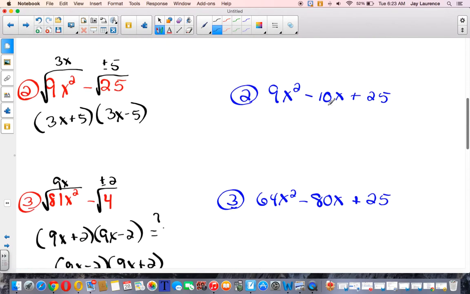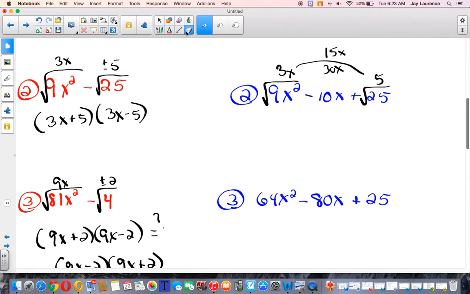All right, let's try number 2 here. Okay, square root is 3x. Square root is 5. Multiply these two together, 15x. Double it, 30x. Uh-oh, these aren't a perfect square trinomial. I'll bet you I made a mistake when I was writing it down.